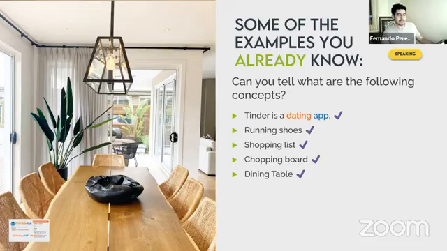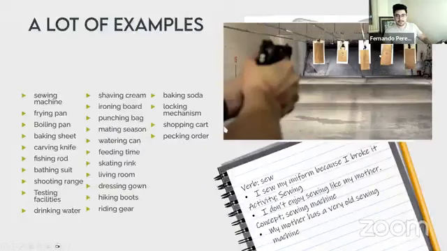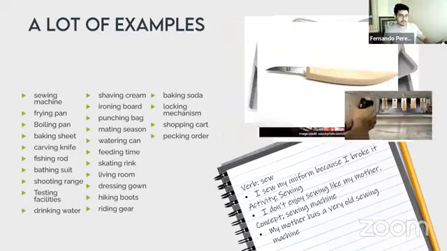If you want more examples, you have a lot of examples using the ing. You have the sewing machine, the shooting range, the carving knife.